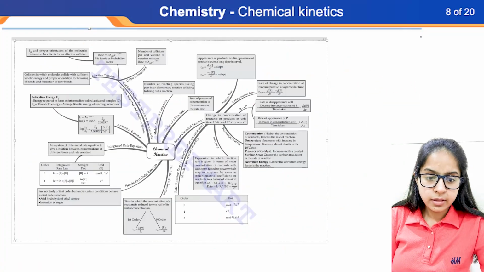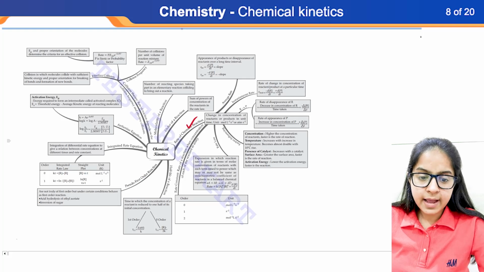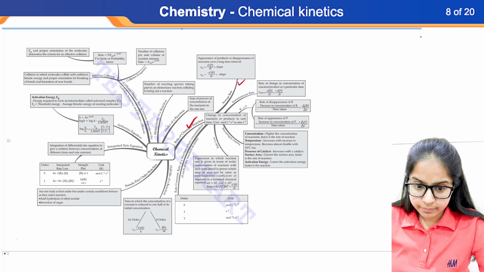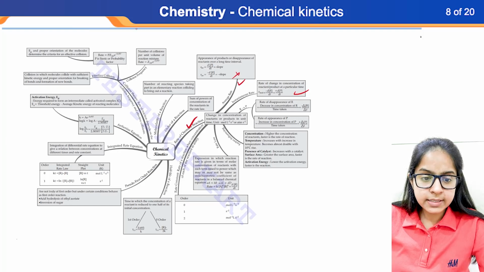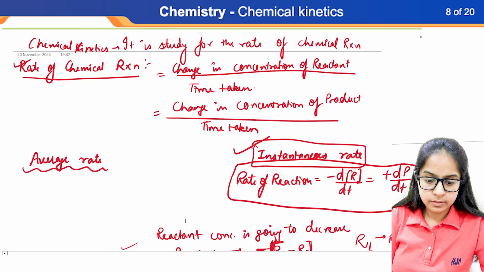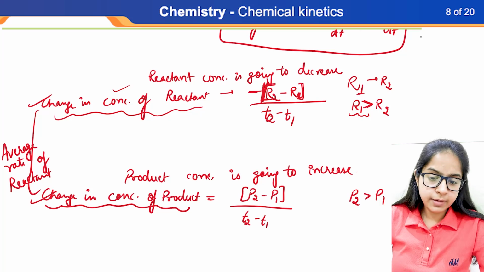Now you can see that I have covered rate of chemical reaction, and after that average rate and instantaneous rate. Here it is written incorrectly, but the correct one is minus (R2 minus R1) divided by (T2 minus T1).